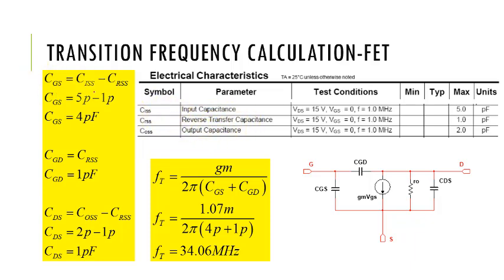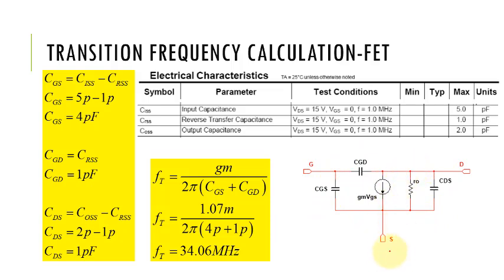Then we apply this formula to determine the value of CGS equal to CISS minus CRSS, CGD equal to CRSS, and CDS equal to COSS minus CRSS. Then we draw our AC model for this FET transistor.